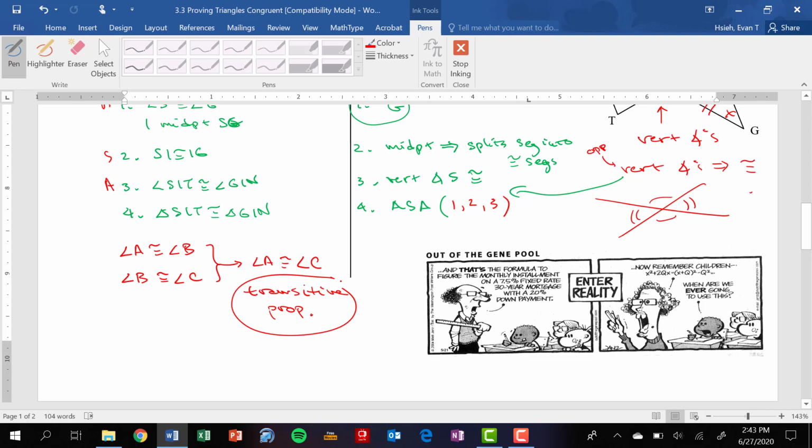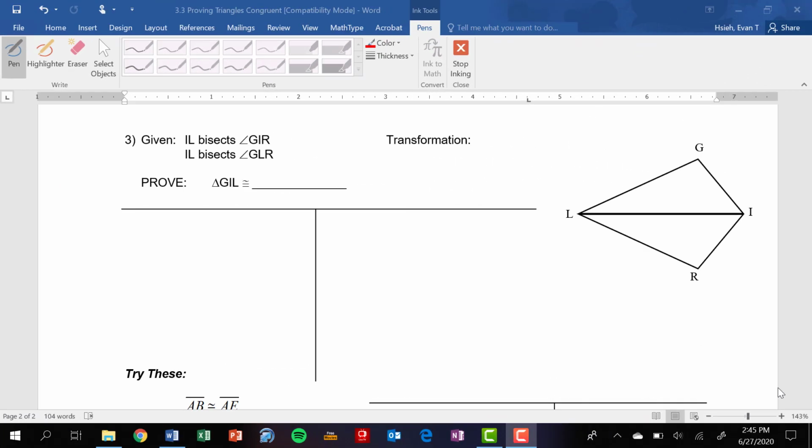All right, let's move on to the backside. Okay, moving on to the back side here. Let's try a couple more proofs. We'll start with the first one here. Proof number 3. I know that IL bisects angle GIR. So angle GIR is right over here.